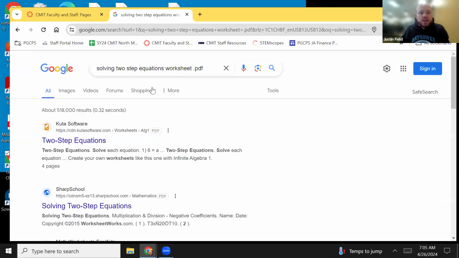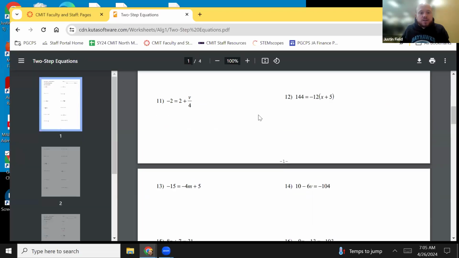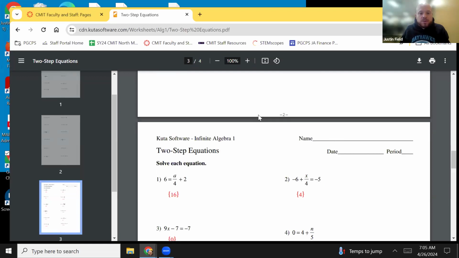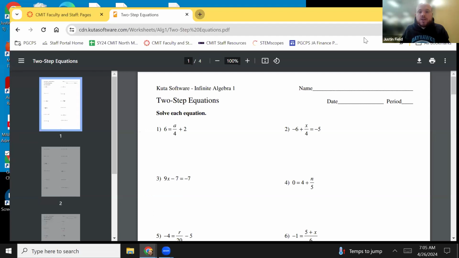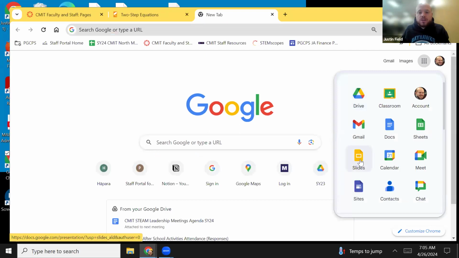In case you didn't know that, that's a really nice, easy thing. And so now I have a worksheet. It's good for math people. Just one option.